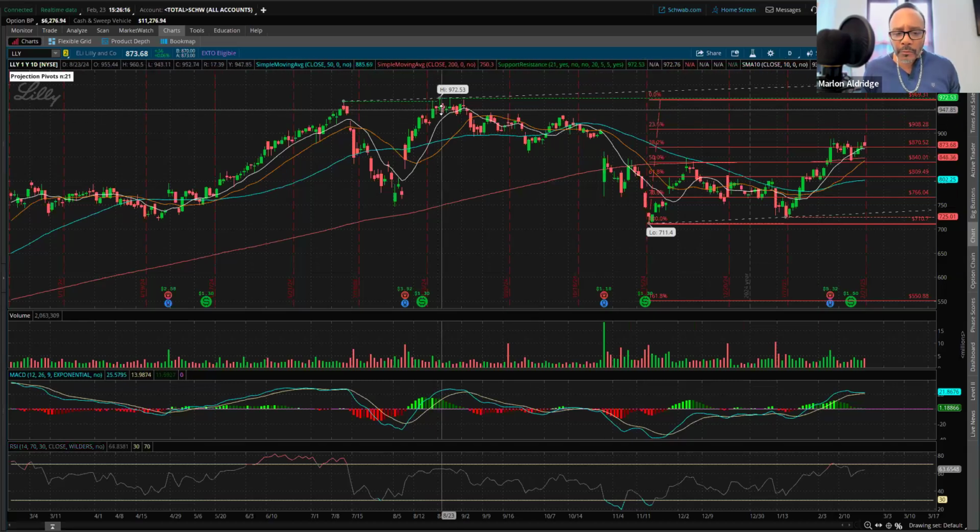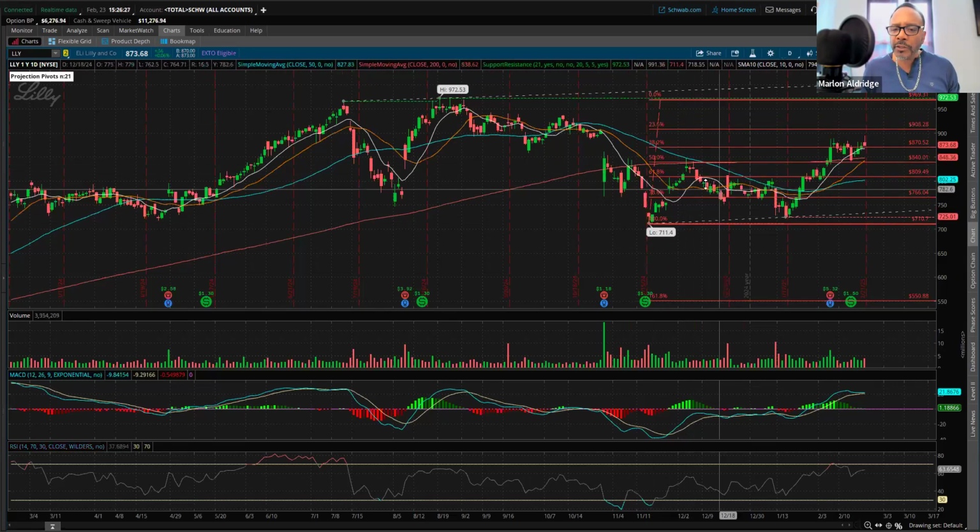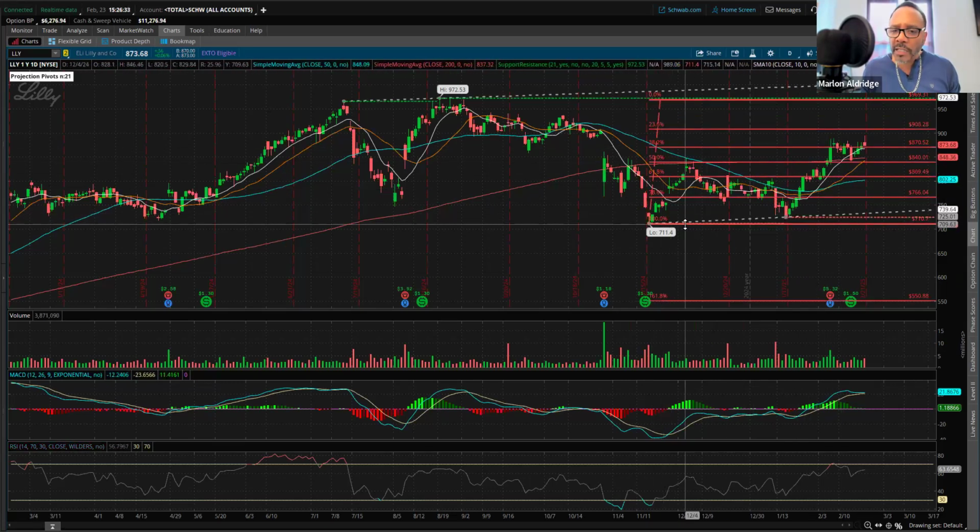So from August to about November, we can clearly see we were on a downward trend. Then we had a few retracements up. We have quite a few retracements here, but now we can see we're trending back in the same direction off of that bottom.